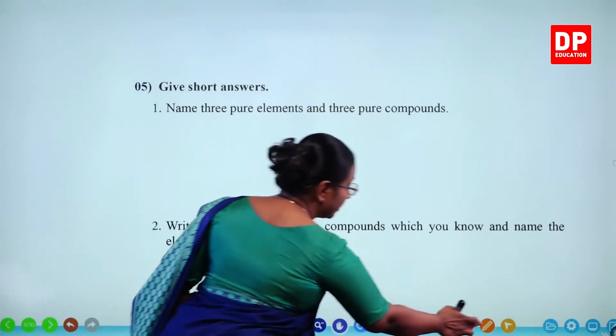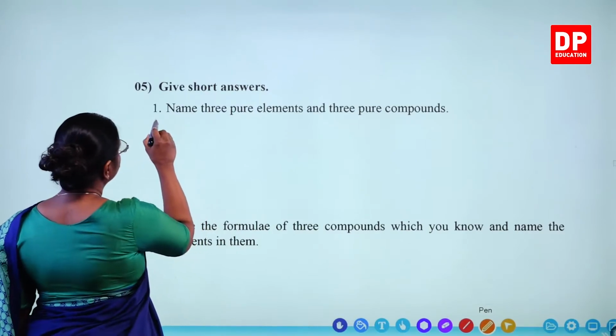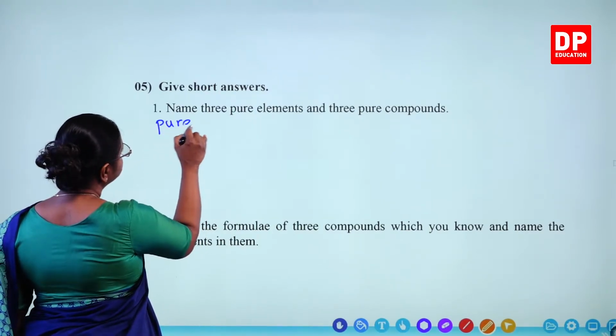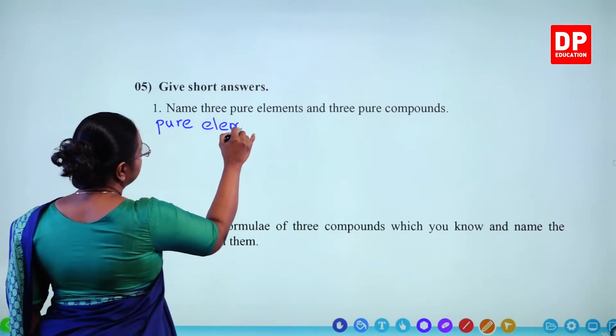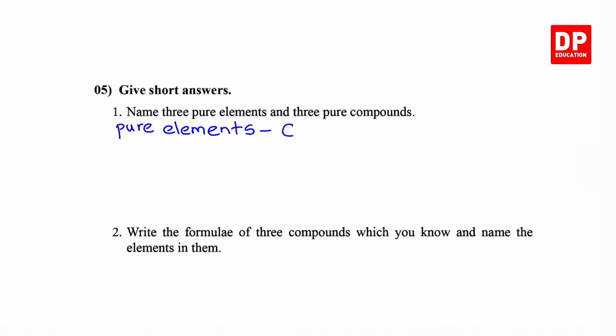So pure elements, you all know many elements. So let's say I will write as pure elements. Then what are the pure elements you all know? You know about carbon. Then you know nitrogen. What else do you all know? You know many other elements.